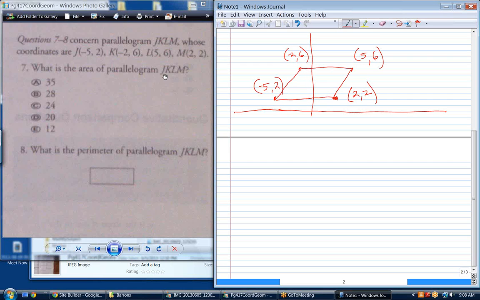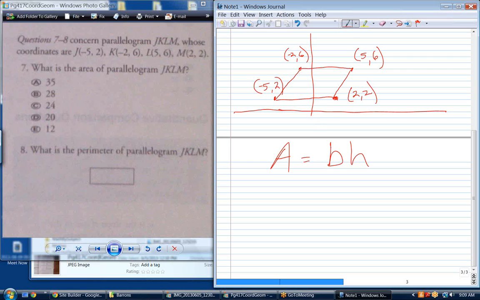What's the area of this parallelogram? What's the general formula for area of a parallelogram? I can't think of it off the top of my head. What is it for a rectangle? Length times width. Okay, let's call it base times height. Same as length times width, only when you're dealing in the xy coordinate plane, we generally think of the vertical axis as height.